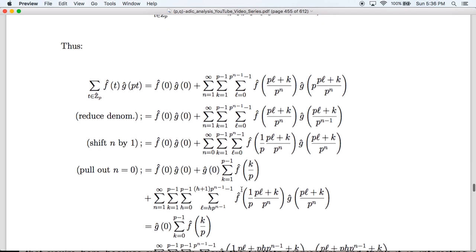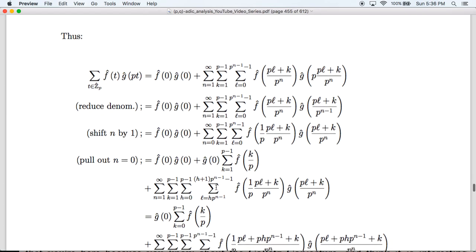And when we do this, we're going to sum L. We're going to break this up as the sum from L equals h p to the n minus 1 to h plus 1 p to the n minus 1 minus 1.